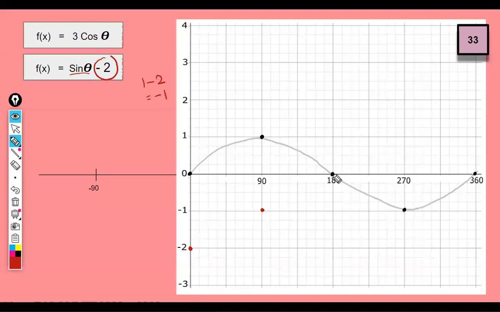This one is easy. The y coordinate here is 0. 0 minus 2 will take you down to minus 2. This one here, the y coordinate is minus 1. Minus 1 minus 2 is minus 3. So it goes down to minus 3. And 0 minus 2 is minus 2.